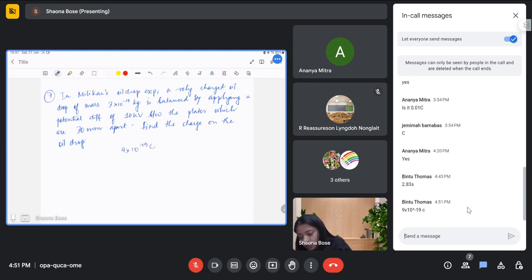Okay, let's solve this. Somebody has given this answer. Thomas has given this answer.